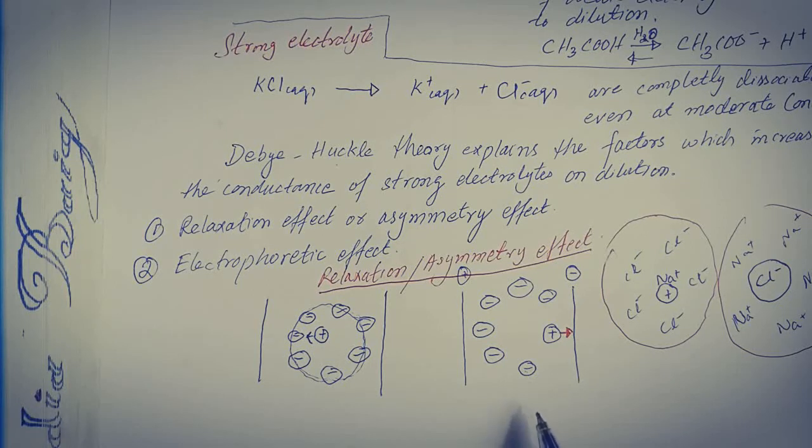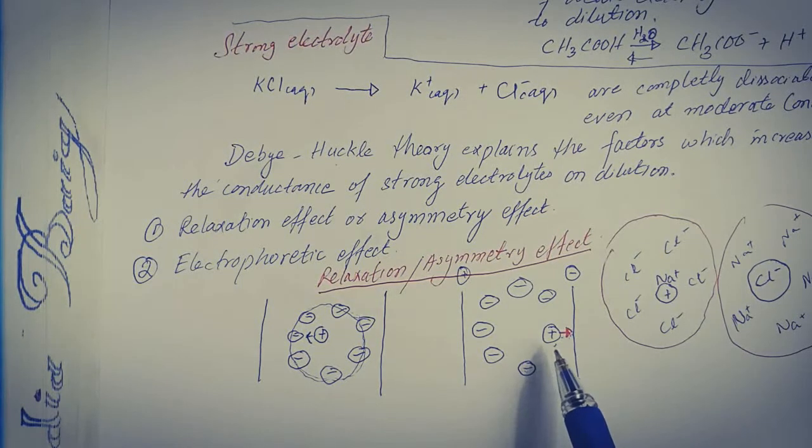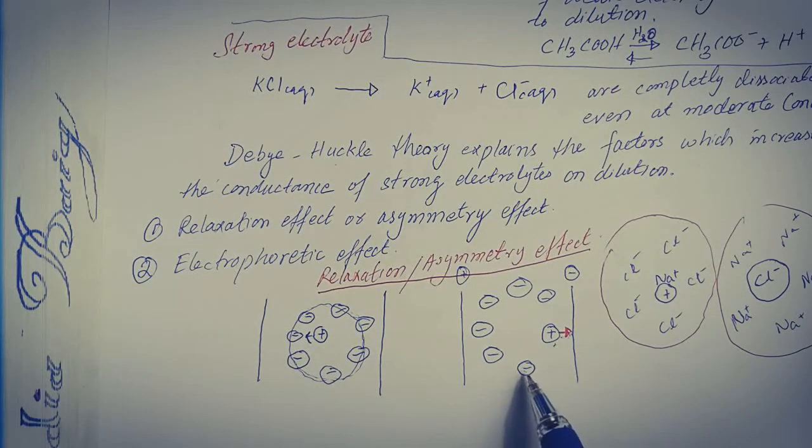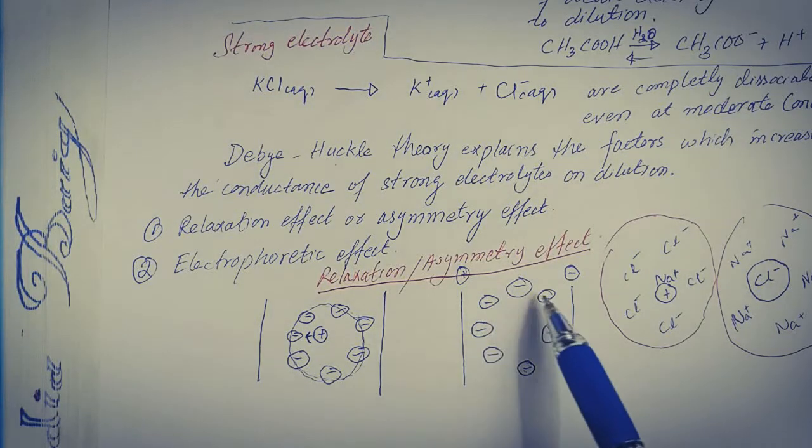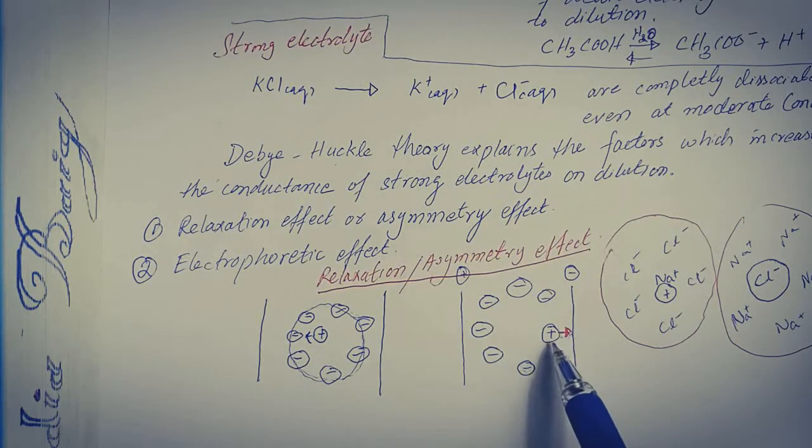When the central ion moves, the ionic sphere that is left behind has an excess or effective negative charge as compared to the positive ion that is moving towards the negative electrode.